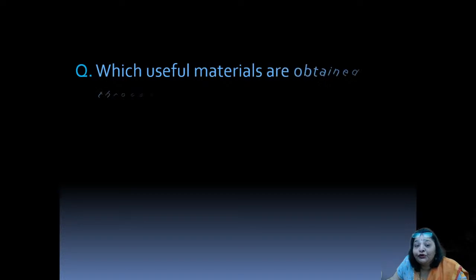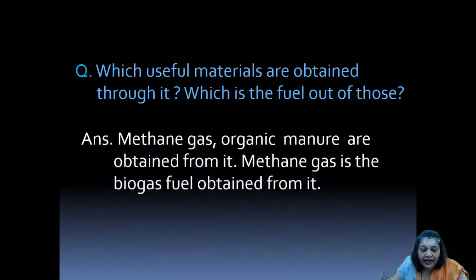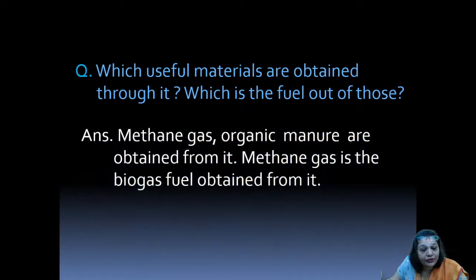Now, which useful materials are obtained through it, and which is the fuel out of those materials? Try to tell it yourself. Let me tell you, methane gas and organic manure are obtained from it. Methane gas is actually the biogas fuel obtained from it.